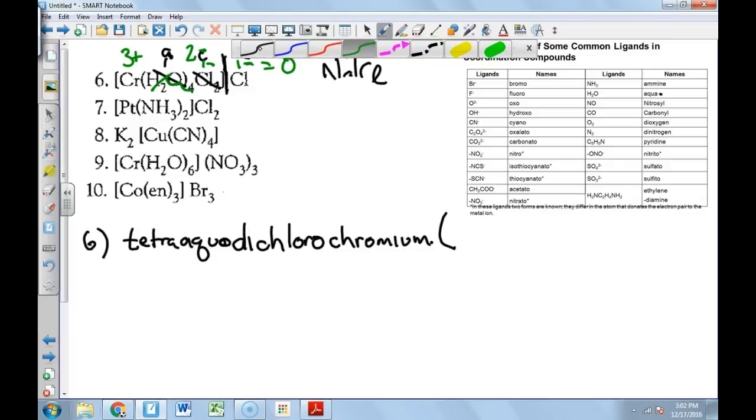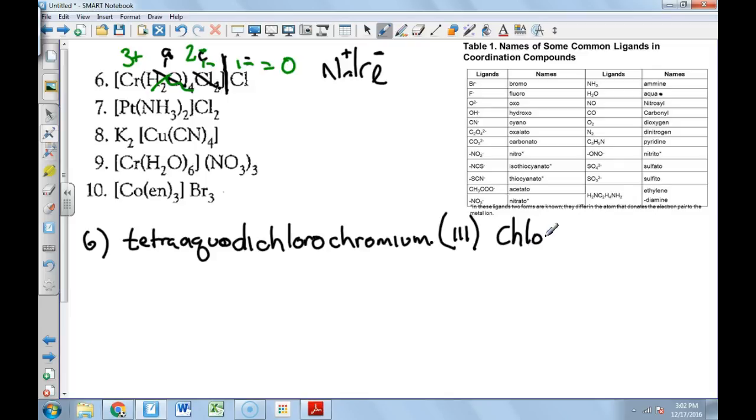So chromium here is chromium 3, and then we go chloride. This shouldn't be capitalized.